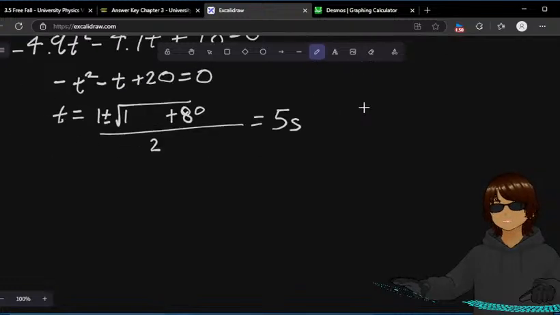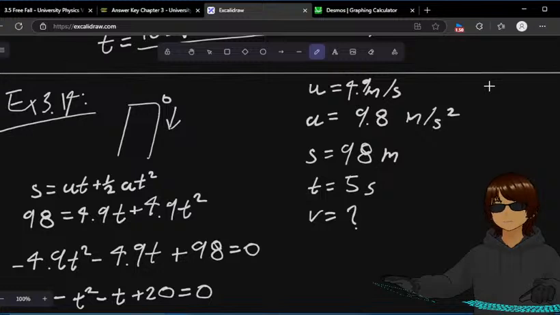Now we have v squared plus u squared. What's the simplest equation?